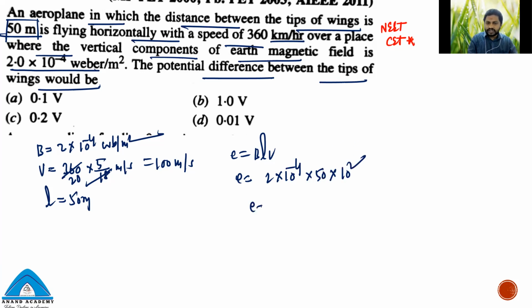So 2 into 50 is 100, that is 10 square, into 10 raised to minus 4. So I can write 10 raised to 4 divided by 10 raised to 4. It's 1 volt.